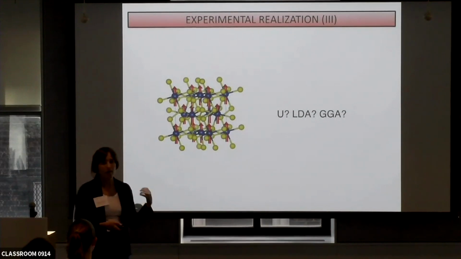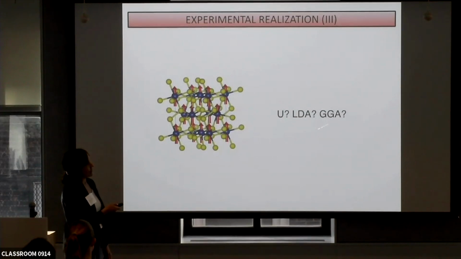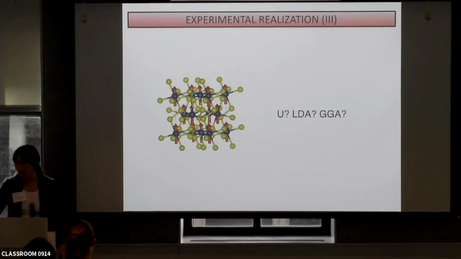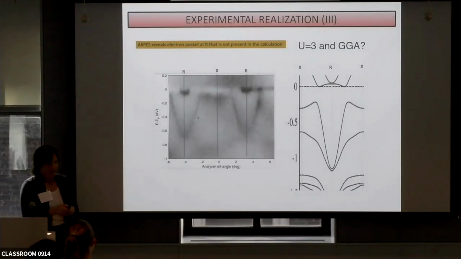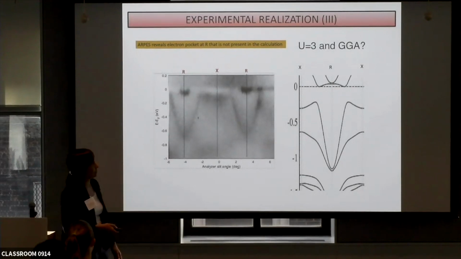So now, what do we do with the calculations? What is the value of U? Which pseudopotential should we use? LDA, GGA. Thanks to Niels that we have in the team, who did ARPES measurements, because the first calculation we did was with U equals 3 and GGA, which are the usual parameters for 3d transition metals.